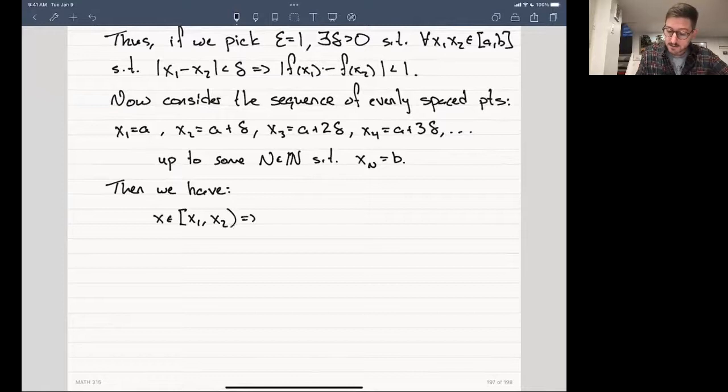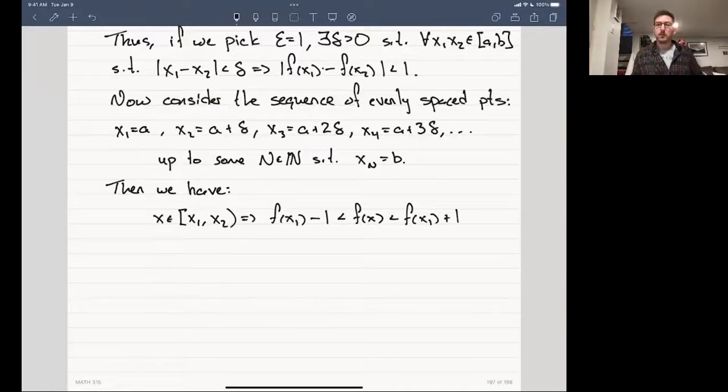If I disentangle that absolute value, so I make -1 less than f of x1 minus f of x2, which is less than 1, and I rearrange a little bit, this is equivalent to saying that f of x1 minus 1 is less than every f of x in that interval, which is less than f of x1 plus 1. So all I did was take the definition of uniform continuity, open up the absolute value, and move things around a little bit.